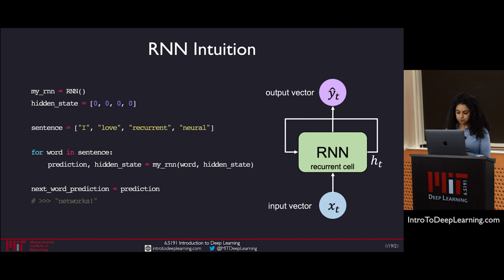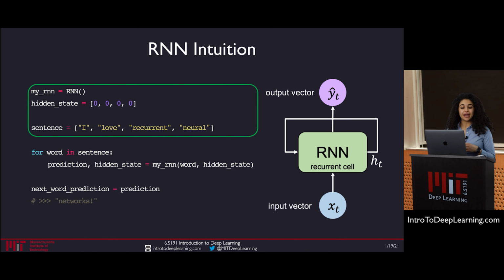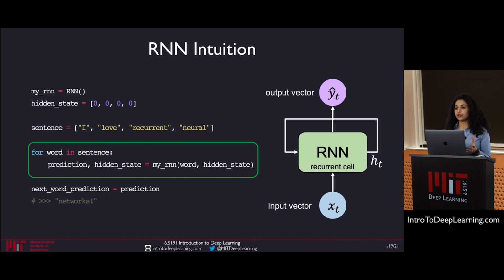All right, so now let's step through the algorithm for updating RNNs to get a better sense of how these networks work. We're going to begin by initializing our network, which I'm just abstracting away here in this pseudocode block as RNN. We're also going to initialize a hidden state as well as a sentence, and let's say our task here is to predict the next word in the sentence. The RNN algorithm is as follows.